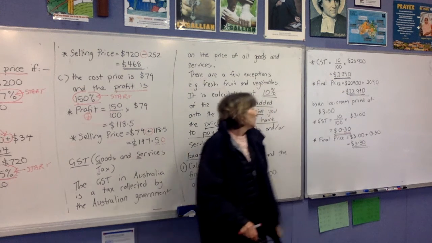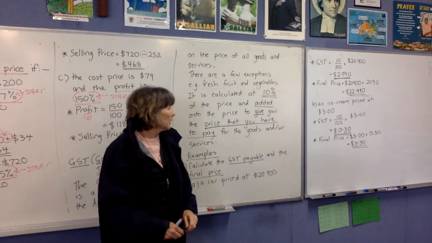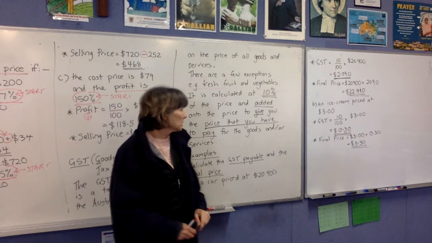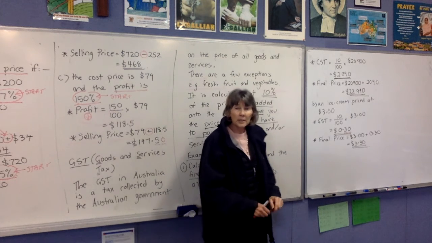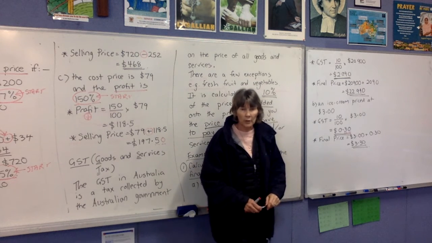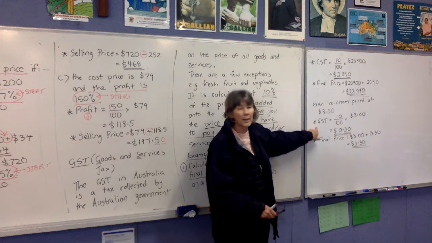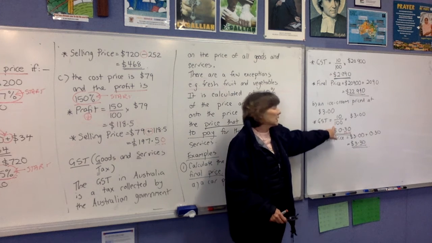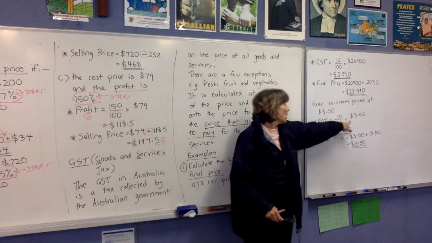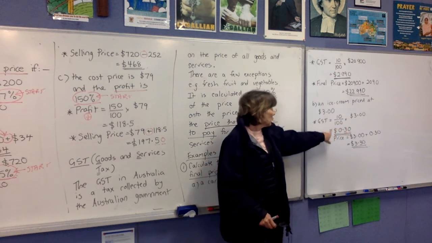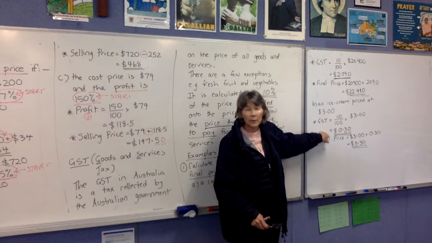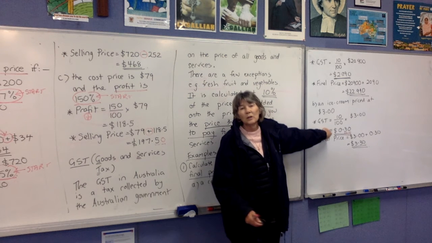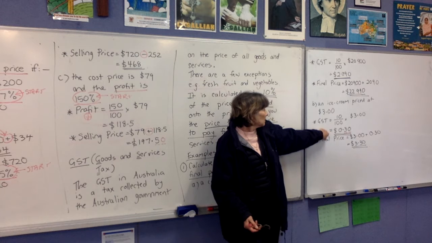All right, if we look at a smaller example, an ice cream priced at $3, the person selling it to you in the shop cannot charge you $3. They firstly have to work out the GST on that ice cream. So they work out 10% or 10 over 100 times $3, and you will get 0.3 on your calculator, or 30 cents.